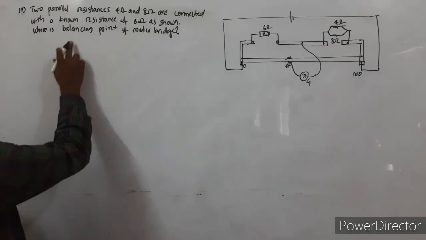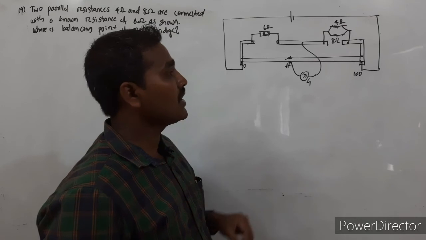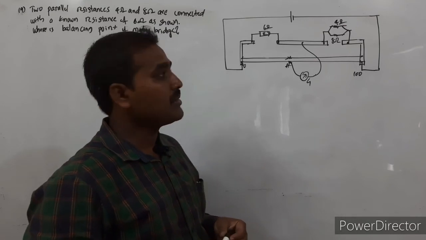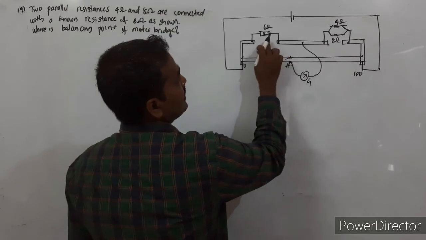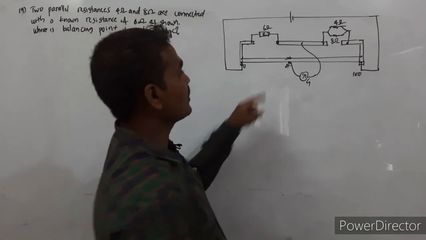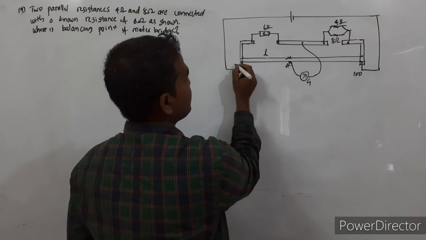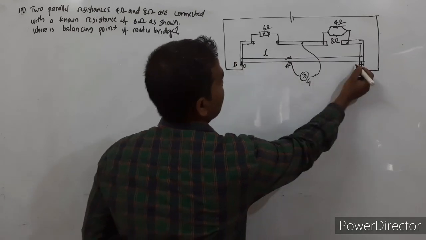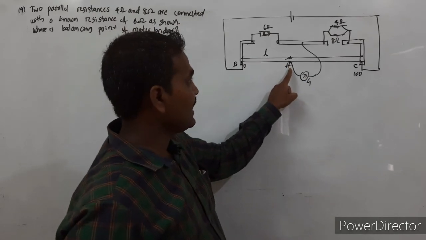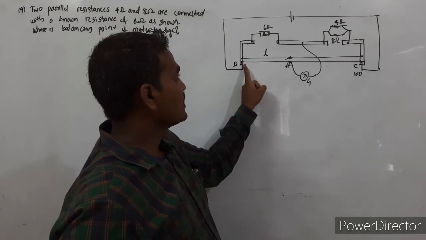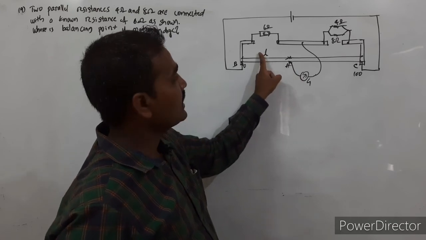Okay, where is the balancing point of the meter bridge? We have studied the principle of a meter bridge. The resistance across any length L, let us consider this is B, this point is C here. If the balancing point is somewhere here at A, the resistance of this part of the wire is directly proportional to the length of the wire.